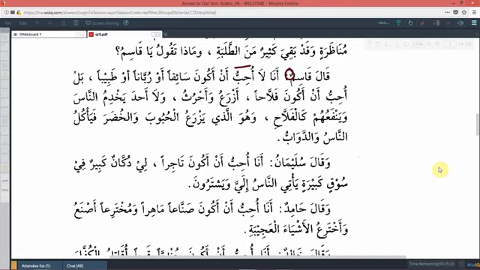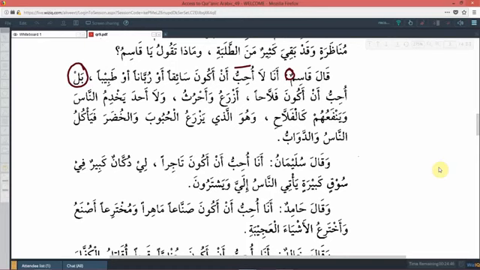I don't want to be a driver. أو ربانا, or a captain. أو طبيبا, or a doctor. بل أحب أن أكون فلاحا. بل means rather. Rather. It's in the Quran, right? Rather, أحب أن أكون فلاحا. I want to be a fallah, meaning a farmer. A farmer.